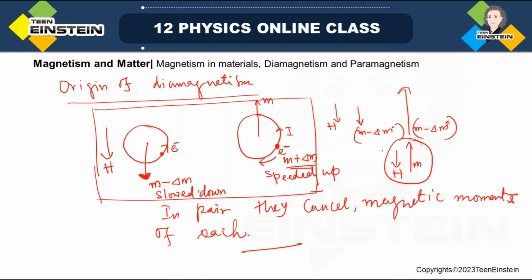So there will be a net magnetic dipole moment in the opposite direction of the applied field. And you know the magnetization is net magnetic dipole moment per unit volume. So a diamagnetic material always develops magnetic moment in the opposite direction of the applied field. This is how we can explain the origin of diamagnetism.